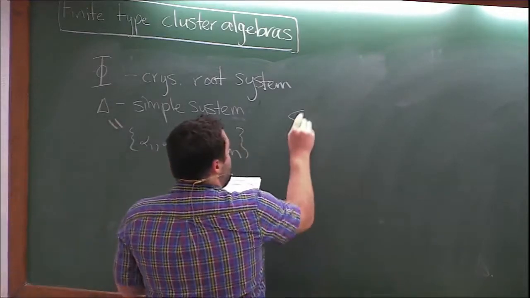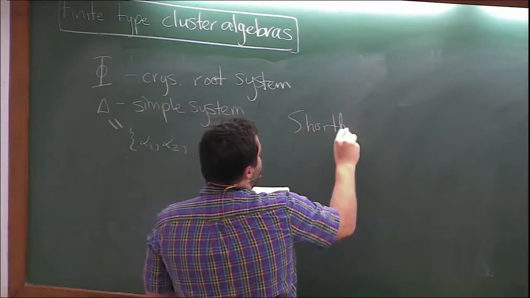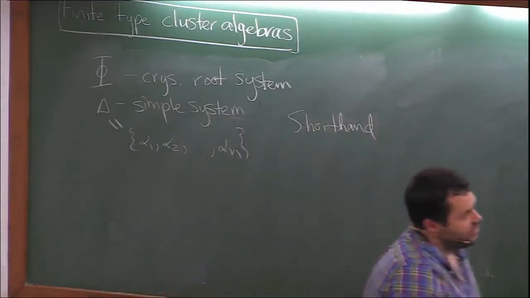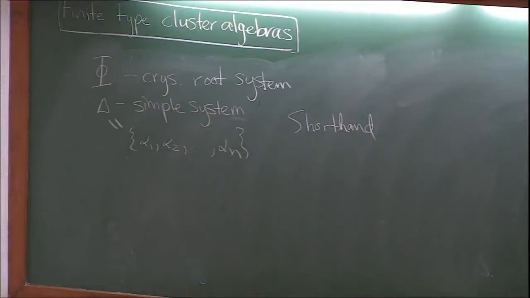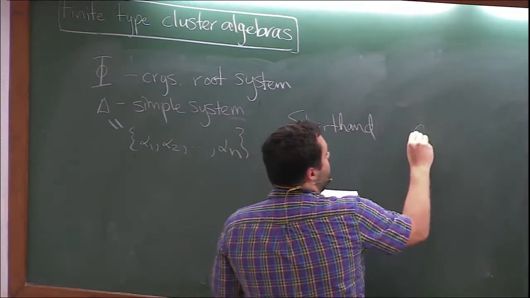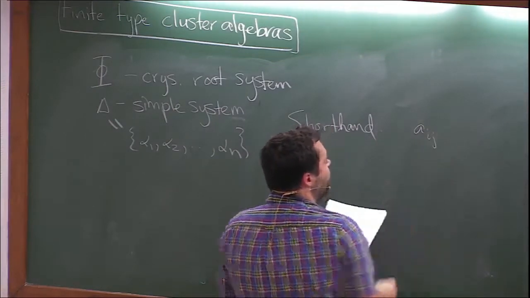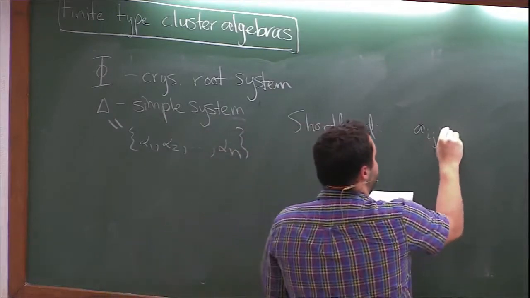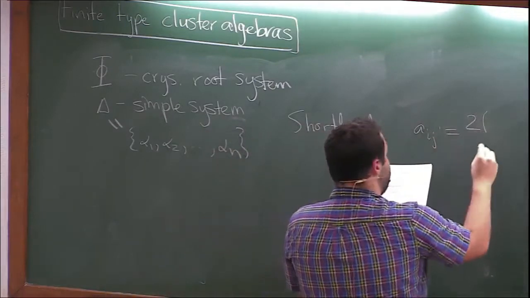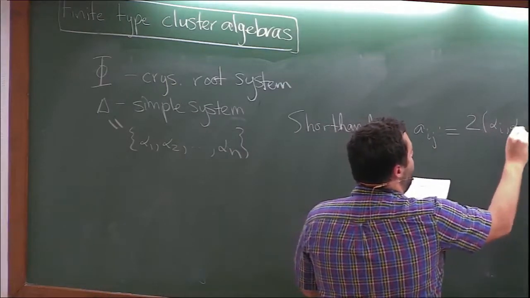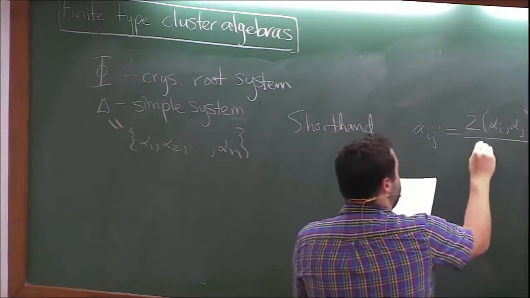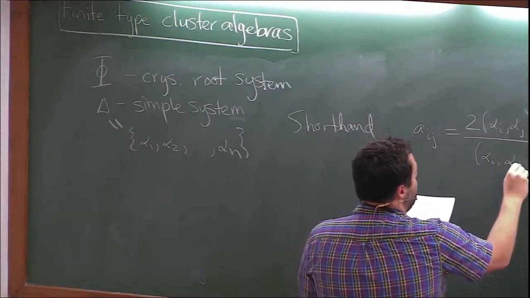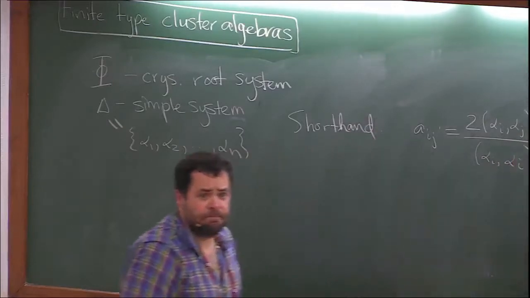And I'm going to introduce some shorthand, because this thing is annoying to write all the time. My shorthand is going to be A sub ij, this is not alpha, just A sub ij, which is the scalar where I put the pairing of alpha i with alpha j over the pairing of alpha i with alpha i.